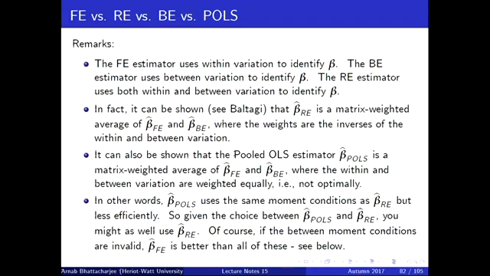And these weights are the inverses of the within and between variation. Similarly, you can also show that the pooled OLS, so this is sort of another way of saying the same thing, is a matrix weighted average of the fixed effects and between effects estimator. All right? So all of these estimators are actually pretty similar to each other. They are using different moment conditions in different ways.